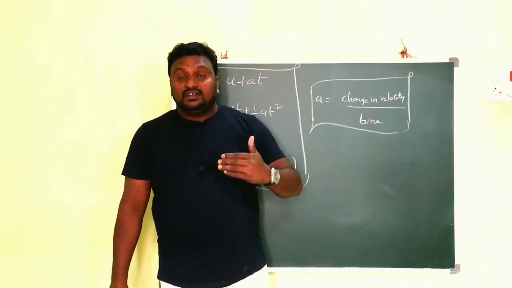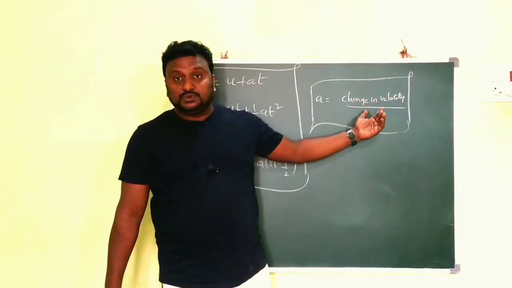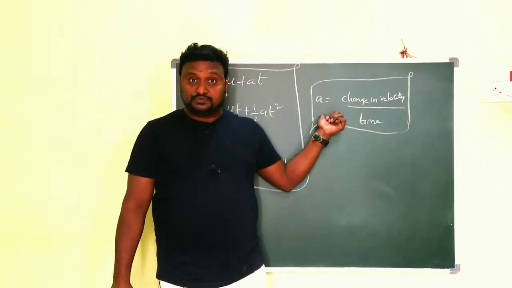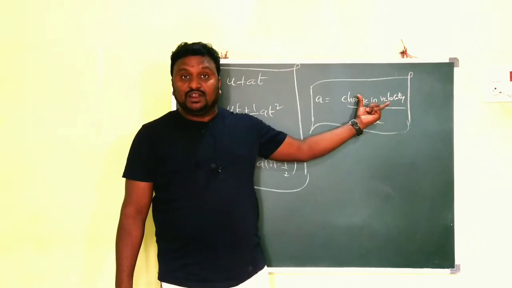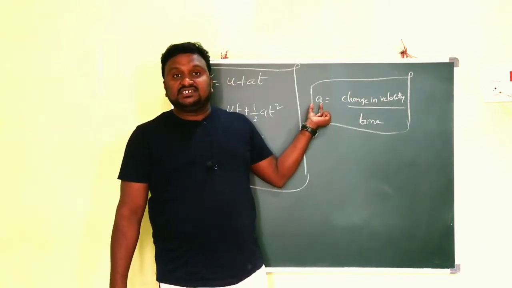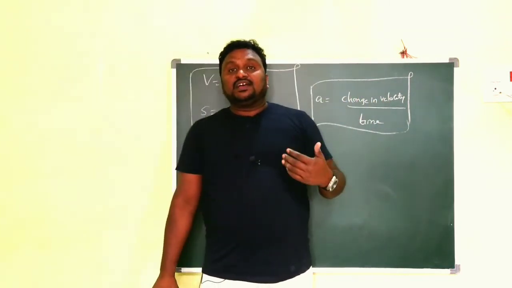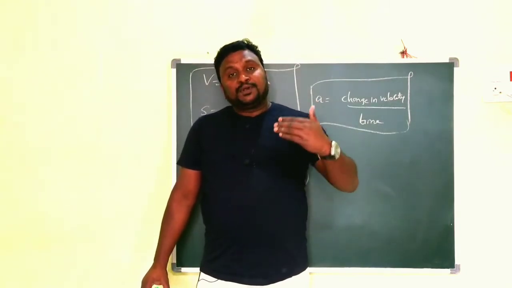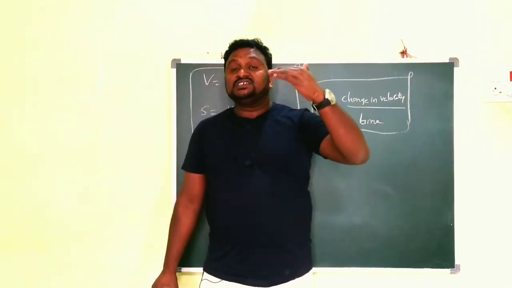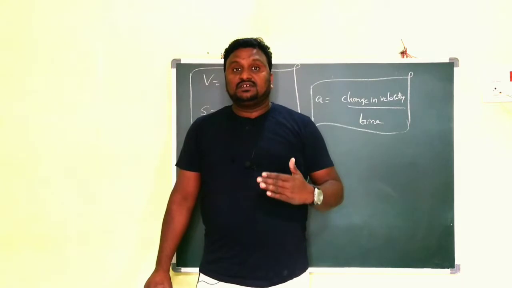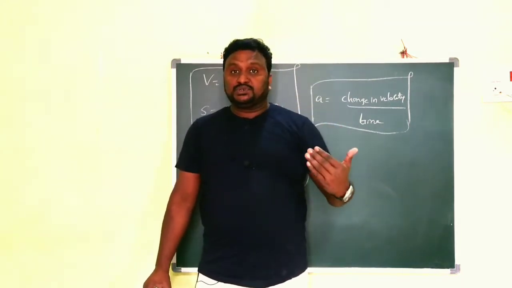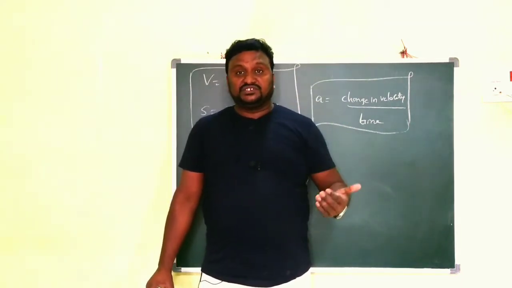Children, when change in velocity is positive, then acceleration is positive. When the speed or velocity of the body continuously increases, then the change in velocity is positive, and the body is said to be accelerating.